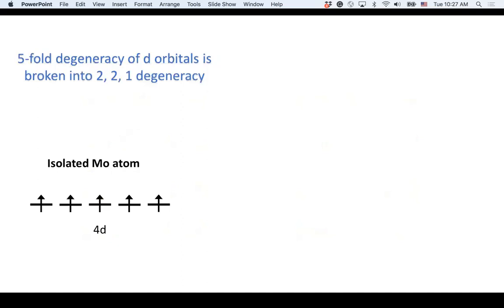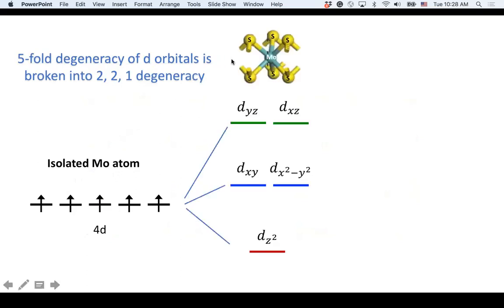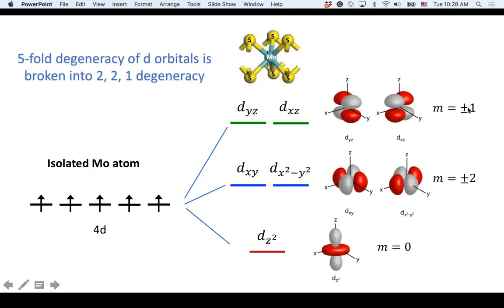Okay, so basically, for an isolated Mo atom, you have 5 4d orbitals. They are all energy degenerate when they're isolated. But once you put the Mo atom at the center of this trigonal prism of the S atoms, they will split into 3 energy levels. The first set is m plus or minus 1.